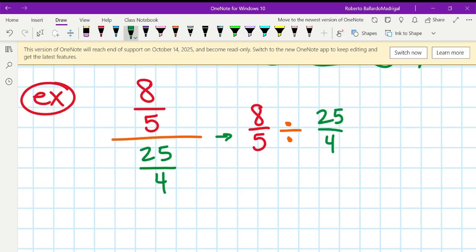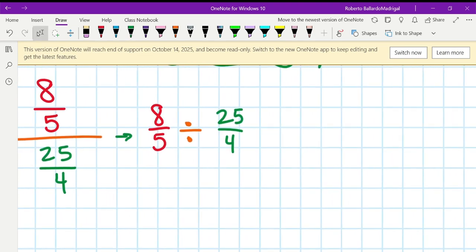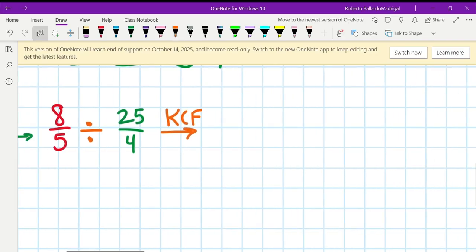You convert this to the old-fashioned division symbol. You can rewrite this. And now we are looking at a brand new problem. So now we're looking at 8 over 5 divided by 25 over 4. We can attack this problem with keep, change, flip. So now we keep, change, flip. And as I begin to keep, change, flip, I keep the first fraction as 8 over 5. But now I change the division sign to a multiplication sign.